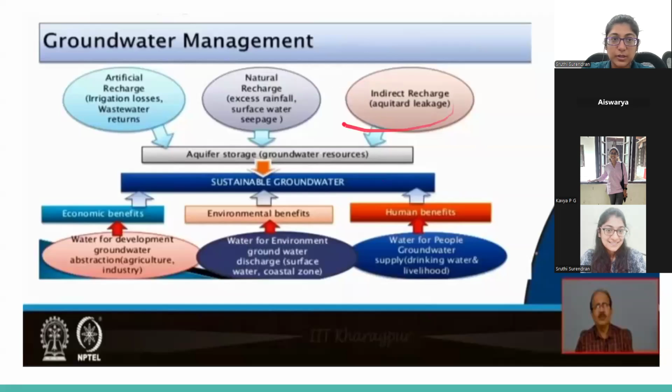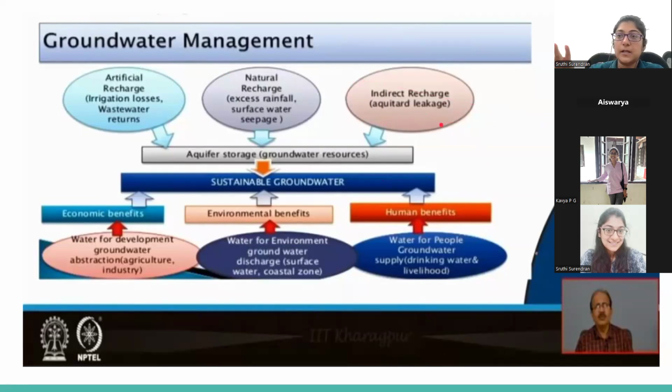If you look here in groundwater management, there are three ways in which groundwater can be recharged. One, naturally, we had learned in the last class about natural ways in which the groundwater is recharged. Then there are artificial methods, and there is also an indirect recharge through aquitard leakage.